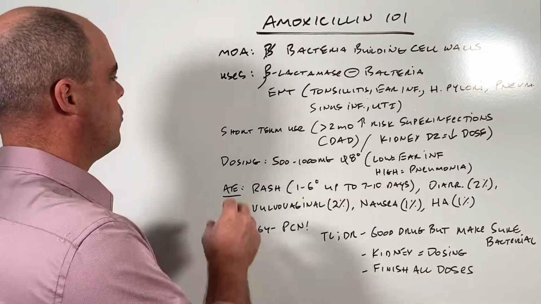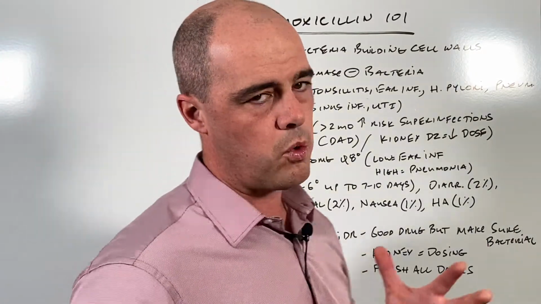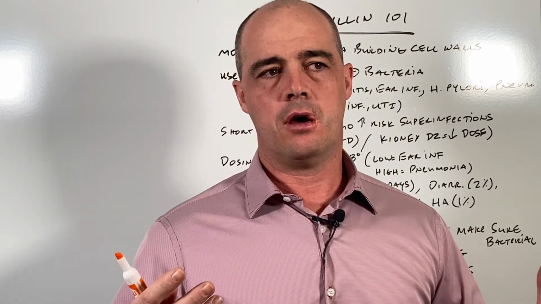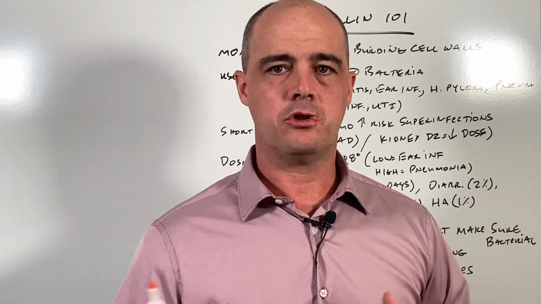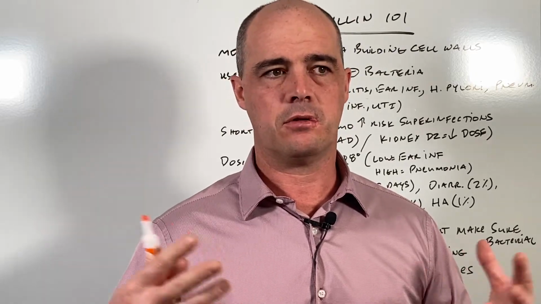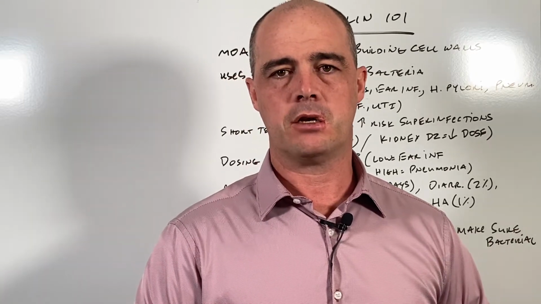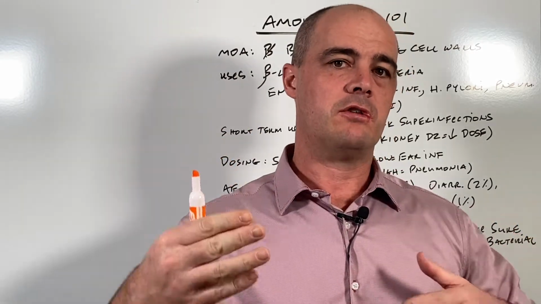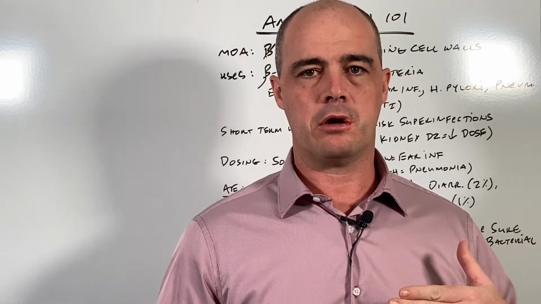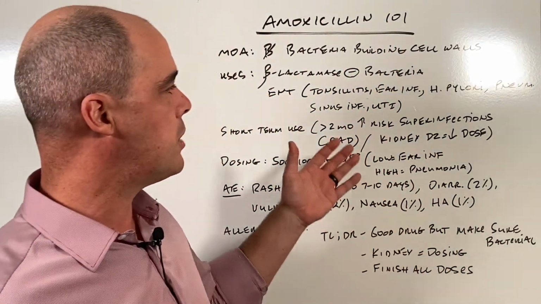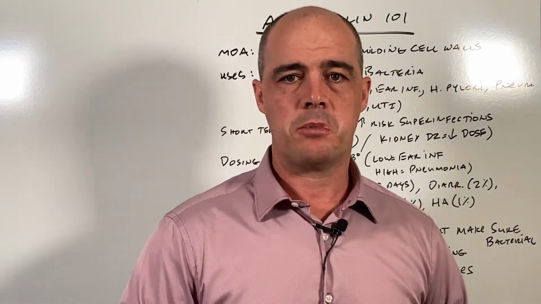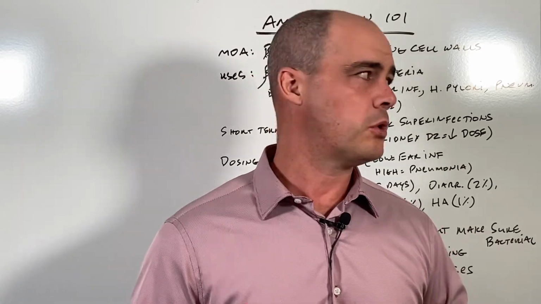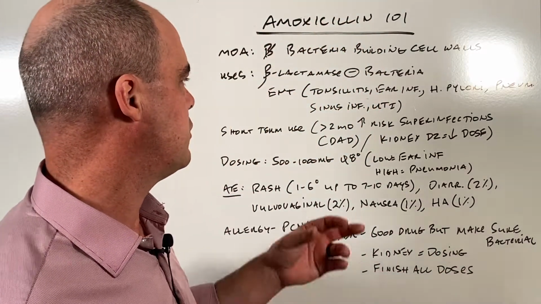Now, one thing to point out, we really want to be using antibiotics for as short of a period as possible. Usually 7 to 10 days for a lot of antibiotics is what we see. One of the problems is if you use it for longer periods, and there are some people that'll go 2 months or more using amoxicillin, you start to see the development of superinfections.